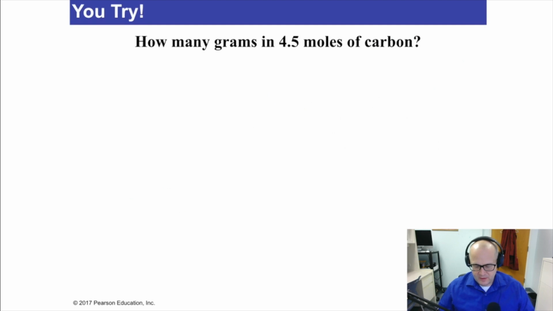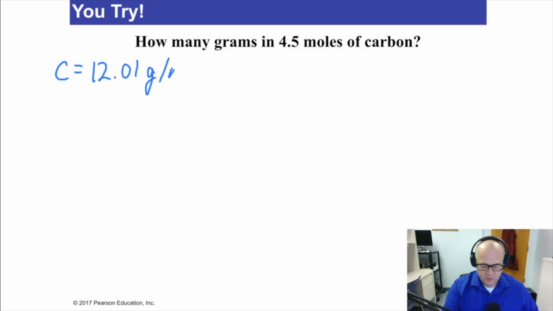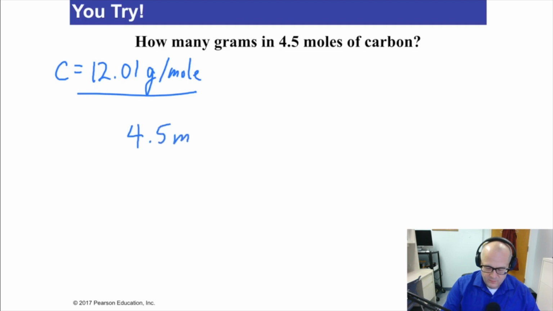You try. How many grams are in 4.5 moles of carbon? So pause the video, give it a try. If you look it up in the periodic table, you'll find that carbon is 12.01 grams per mole. So give that a try, guys. Okay, welcome back. We have 4.5 mole of carbon multiplied by something to give us grams of carbon.